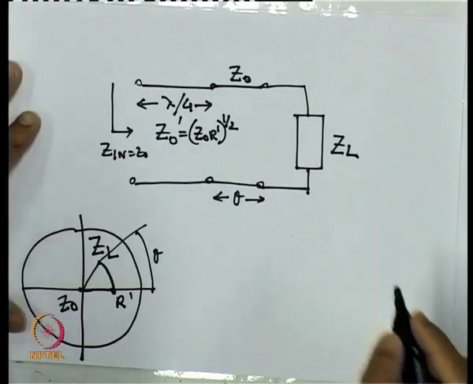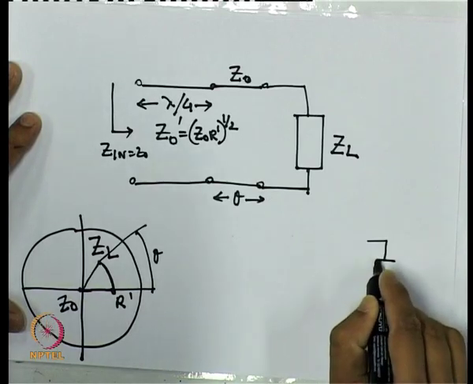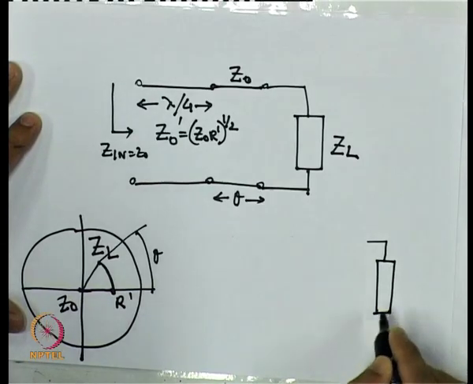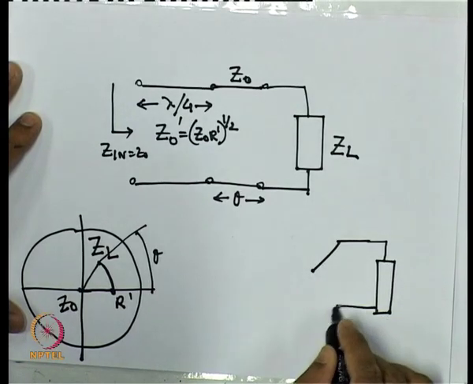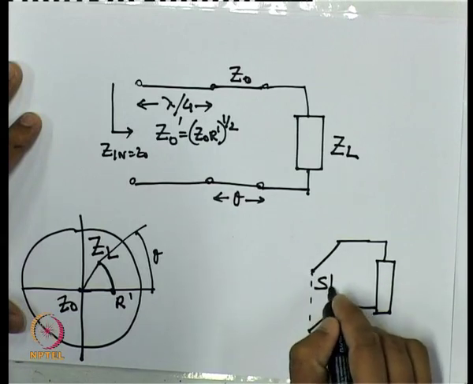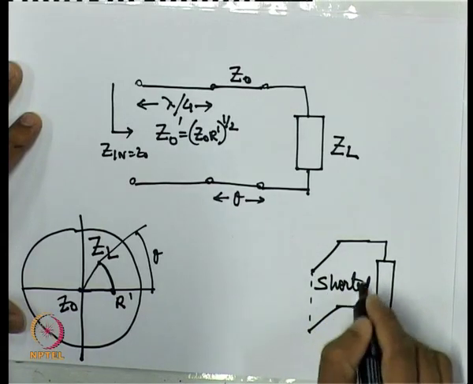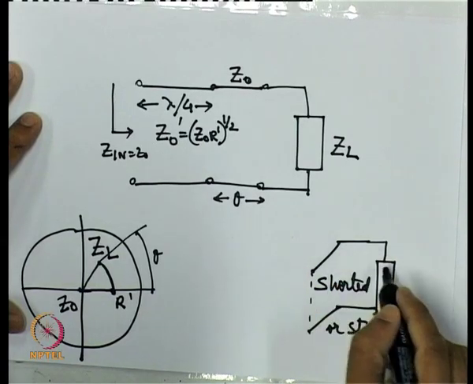Yet another way of doing it could be, we start with a load and we simply cancel its imaginary part by adding a shorted or open stub. The shorted or open stub is connected directly at the ZL.